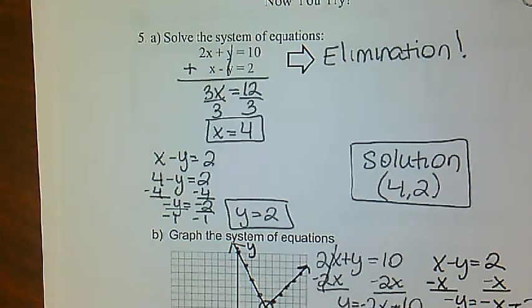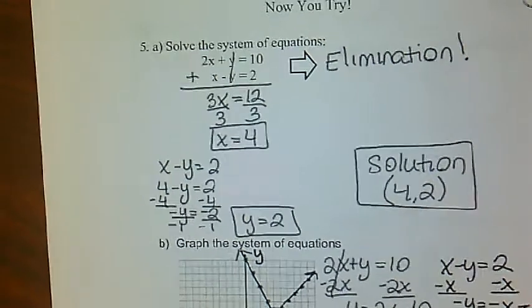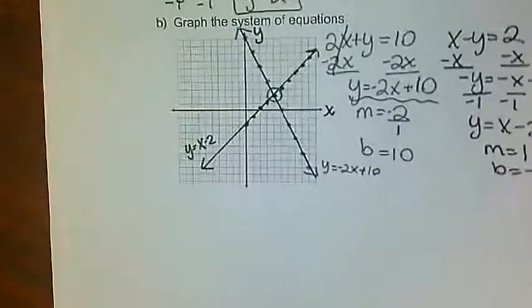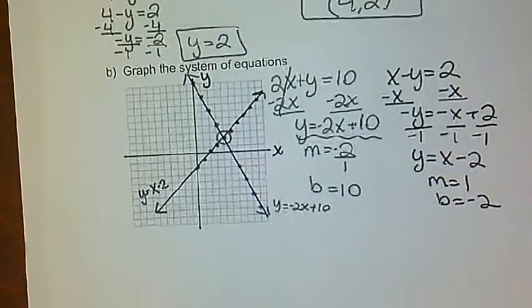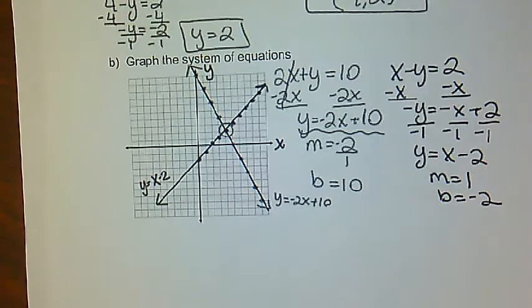I eliminated the y's, and then I got x equals 4, substituted that back in, and my solution is (4, 2). Just another graphing example. And again, whether you graph or do this algebraically, you will get the same answer.